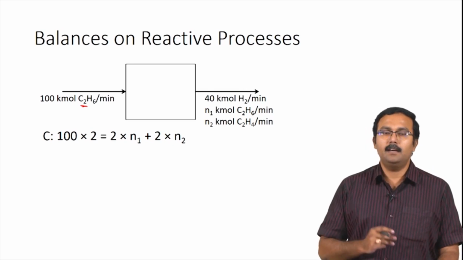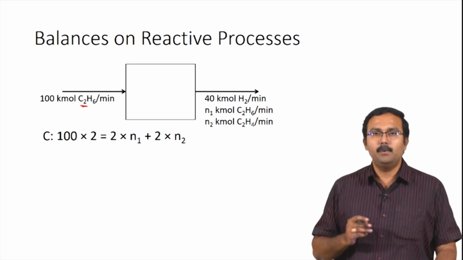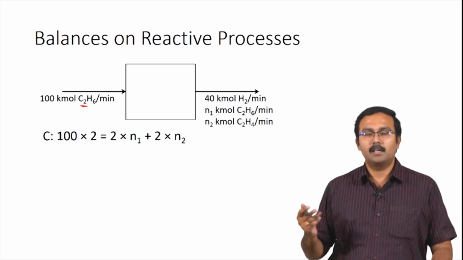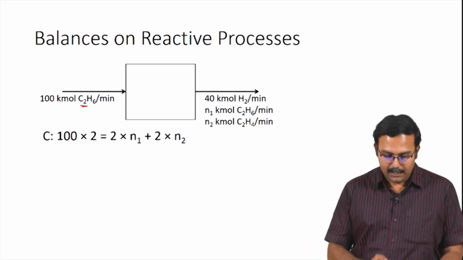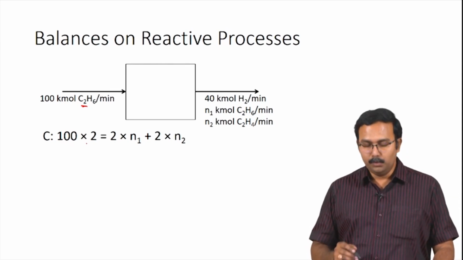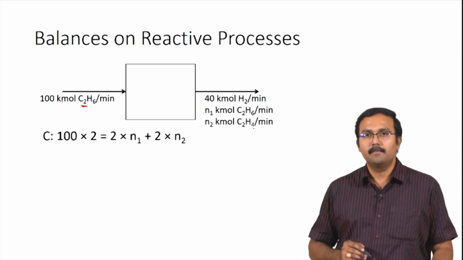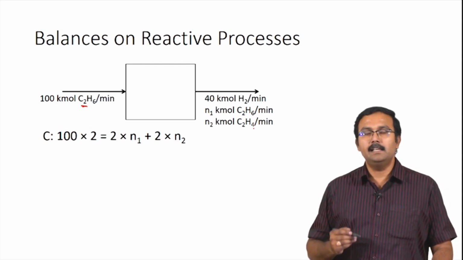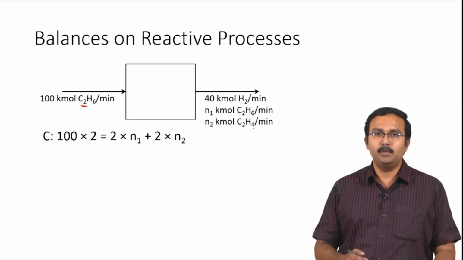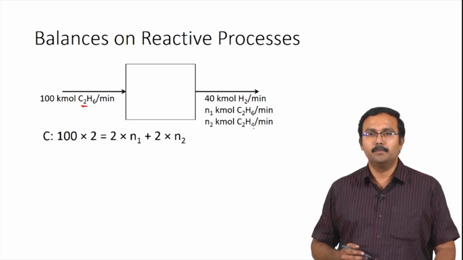So, when we convert 100 kilomoles of ethane, we would actually have 100 times 2 kilomoles of carbon entering the system. So, that is your input, and your output would be carbon leaving through ethane and ethylene, and both ethane and ethylene have 2 atoms of carbon each. So, we have 2 times N1 plus 2 times N2.